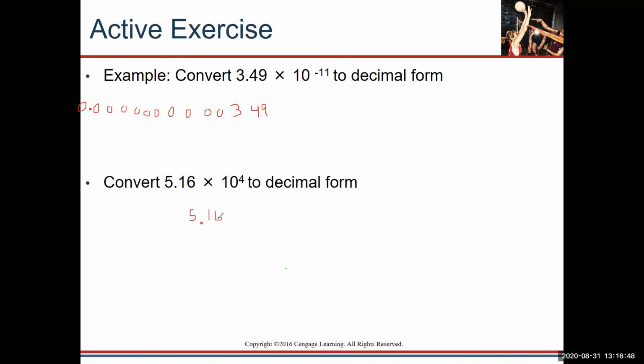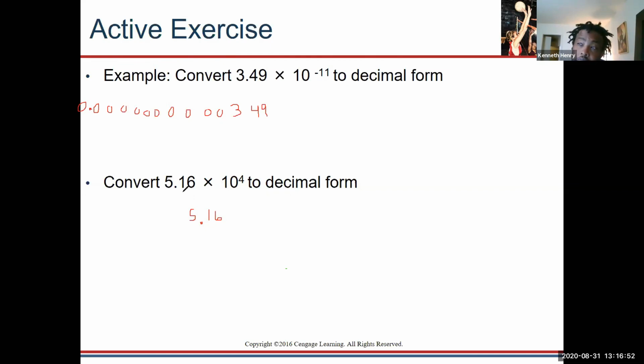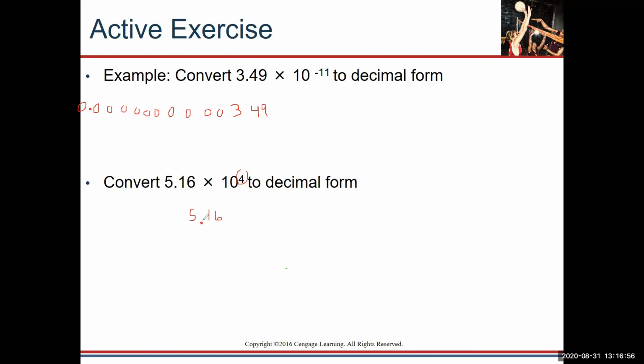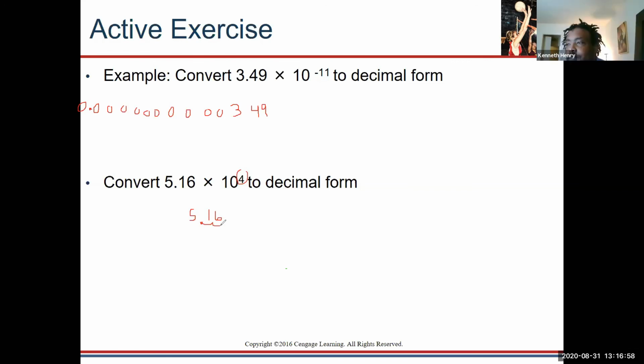To the left. This is a positive number. Oh, and then to the right. Okay. 1, 2, 3, 4. Okay. Piece of cake.